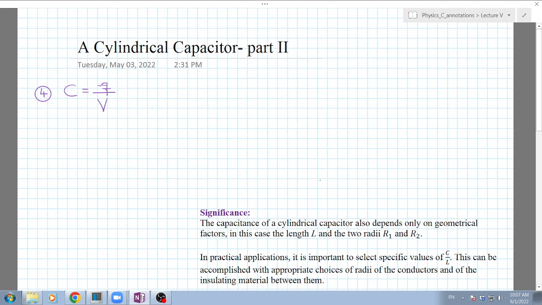If you substitute the last two equations, the equation for the voltage, what we find is that the capacitance for a cylindrical capacitor is going to be 2 pi epsilon 0 L divided by the natural logarithm of R2 over R1.